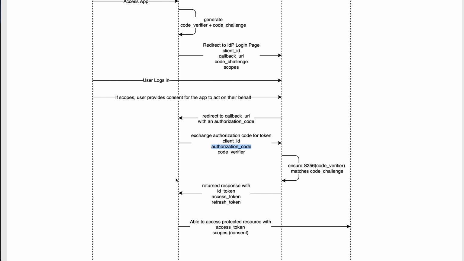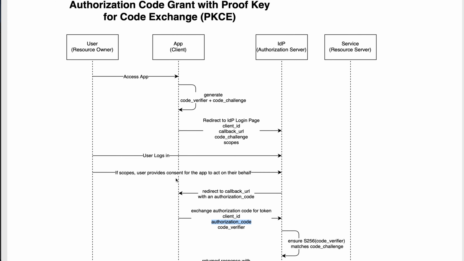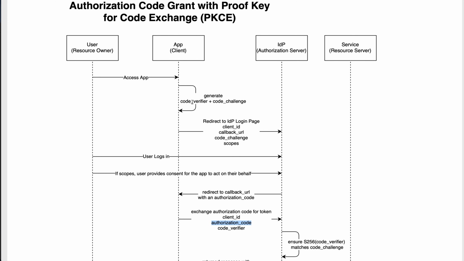So as an extension to this OAuth 2 authorization code flow, this problem was kind of solved or mitigated with PKCE. So this is known as proof key for code exchange. The way that it's solved is that the client initially generates a code verifier, which is like a random string or random passcode or something like that.